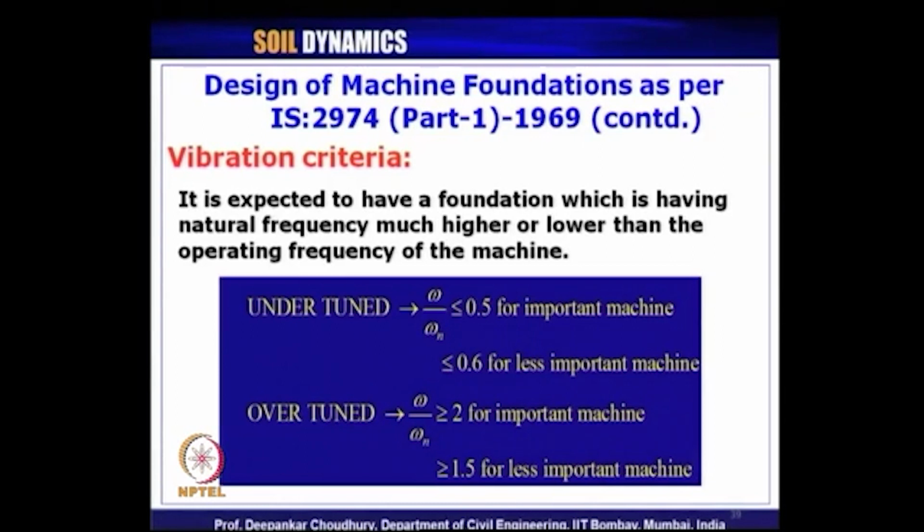Omega n much lower means the mass of the foundation system will be very high, meaning unnecessarily you are going into an uneconomic design. So, in that case you are able to design, not like the previous case where you will get an absurd result. Here you will get some possible dimensions of your foundations, but it will be an uneconomic design.